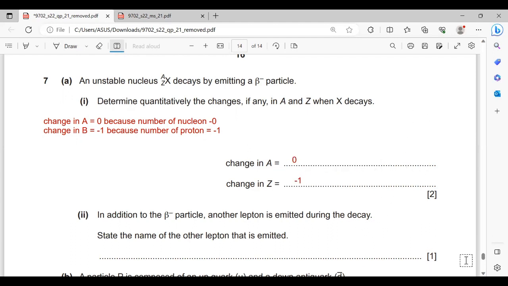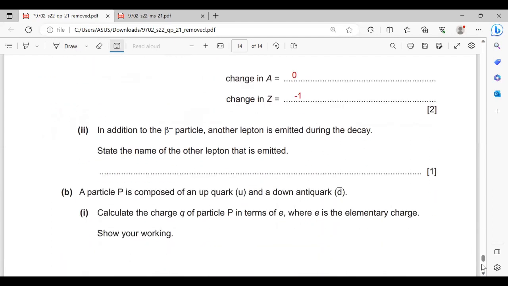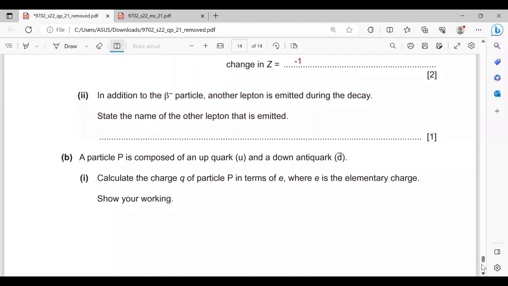And next, in addition to the beta negative particle, another lepton is emitted during the decay. State the name of the other lepton that is emitted.